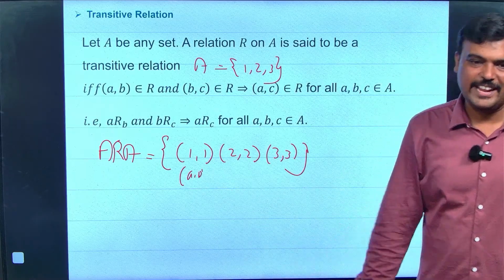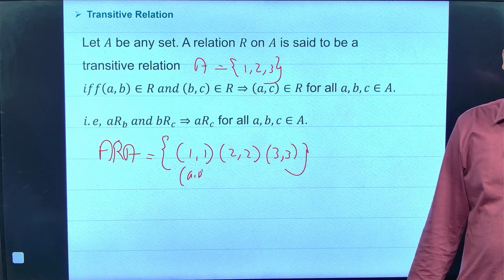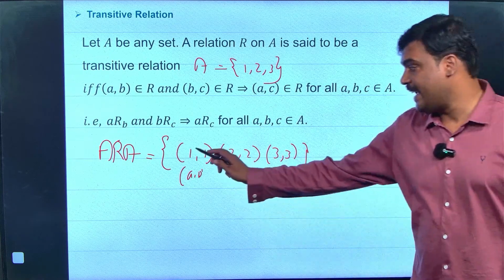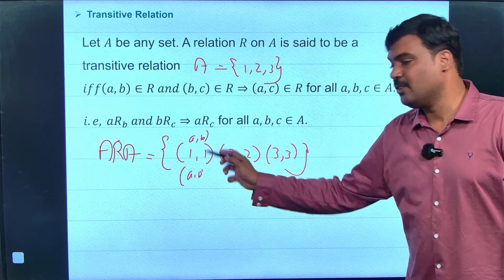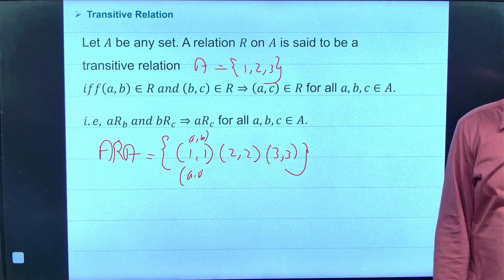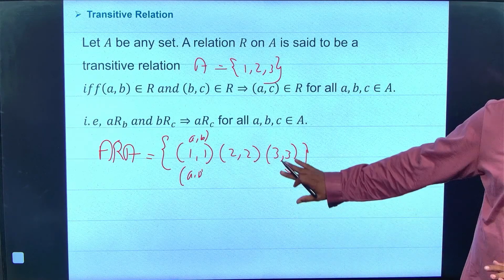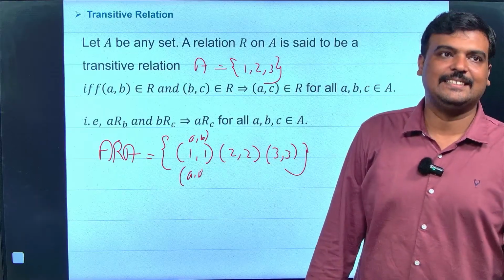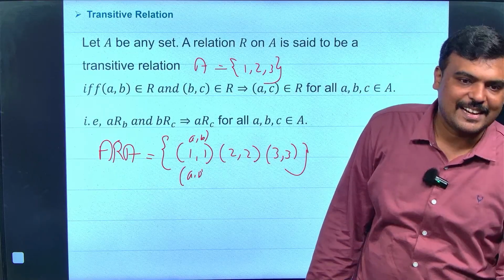I don't have any A comma B to search for B comma C. Or if I take this as A comma B, its transpose B comma A is already there, sir, right? So it remains symmetric. Whether it is transitive, yes it is transitive. Why is it transitive, sir?